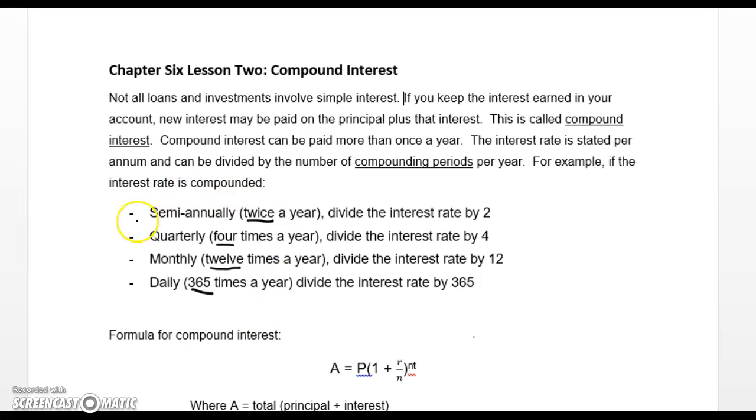Here we're talking about the types of interest rates and how it's being compounded. This tells us the number of compounding periods in a year. This will be particularly important for the next example.